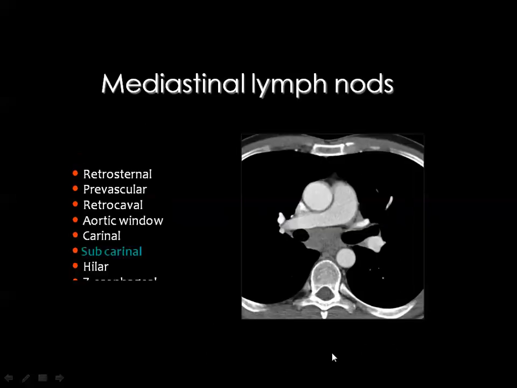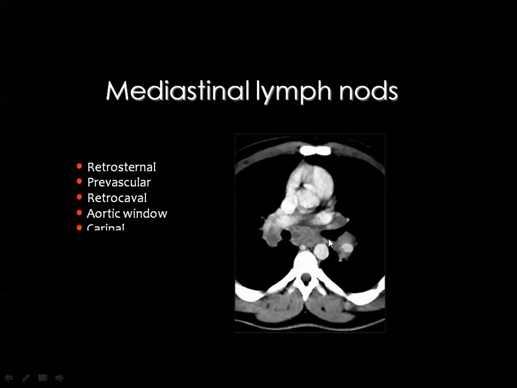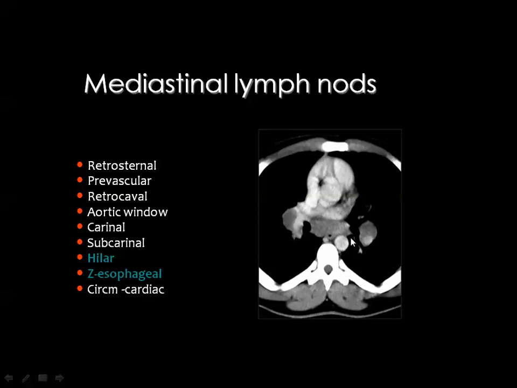And lower down between the major bronchi, you get to the subcarinal lymph nodes, and more lower down you can see the hilar group of lymph nodes, and also you can see the azygoesophageal group of lymph nodes related to the esophagus and the azygos vein.